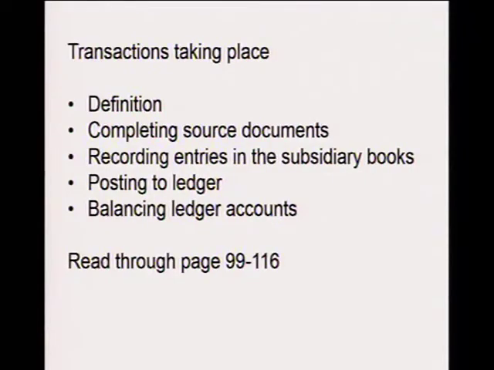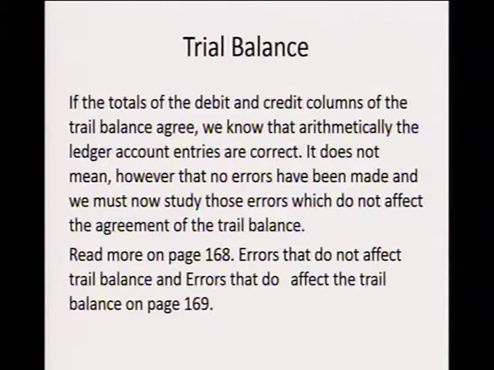We open individual accounts in the general ledger, and whatever ledger you do, it's very important that you balance off your book. Now read through page 99 to page 116 for more information on the books of first entry, the types of transactions, and the source documents, as I have indicated.